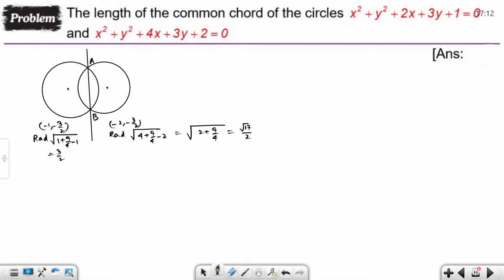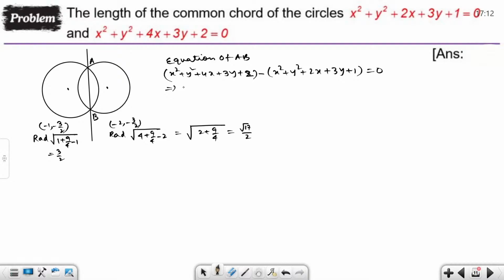Clear? Now, what is the equation of AB, which is actually the radical axis, and in this case it is the common chord for these two given circles? Take any equation and subtract it from the other one to get the equation of the radical axis.